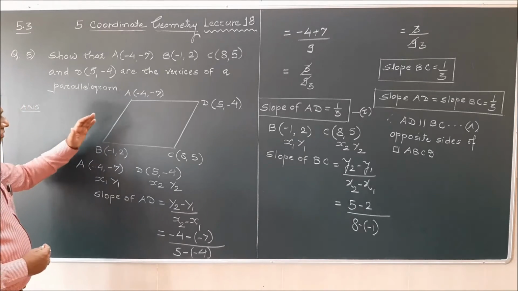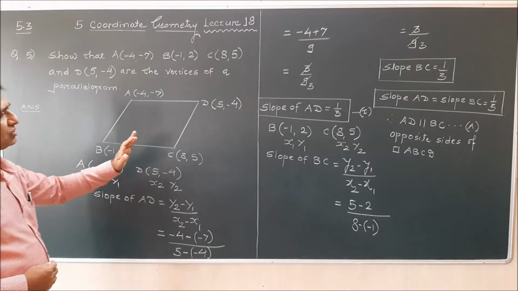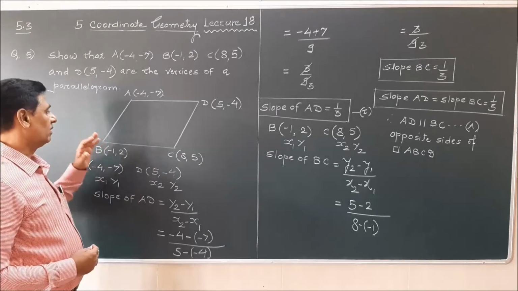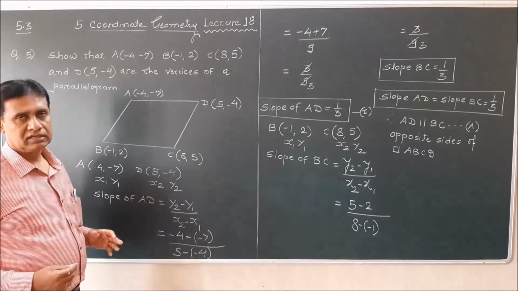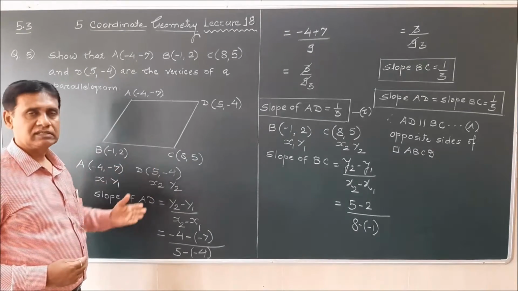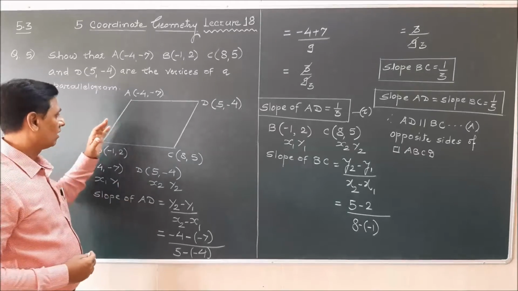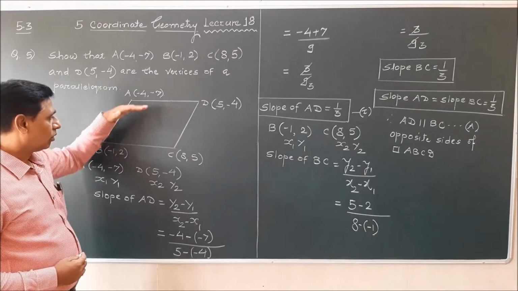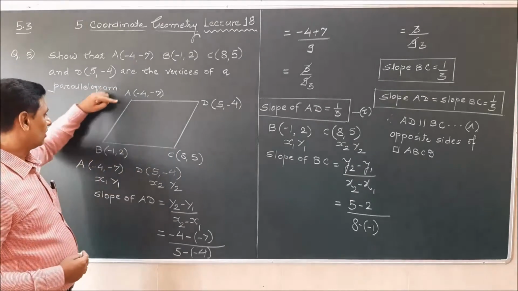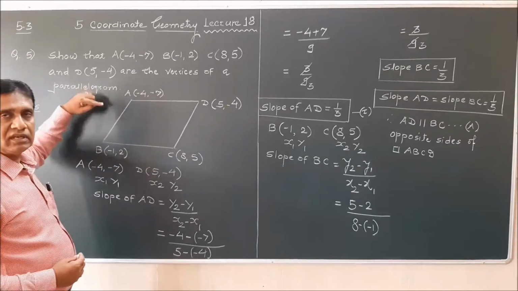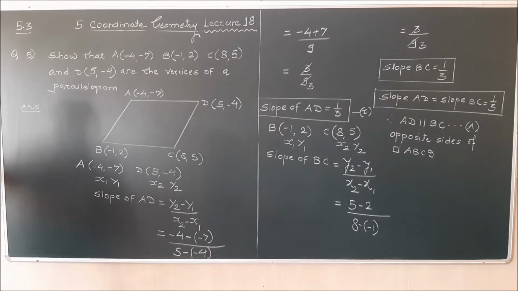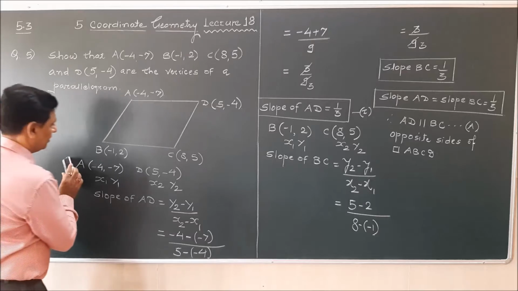Now I am going to find out slope of AB and slope of DC. If I prove slope of AB is equal to slope of DC, then since the slopes of opposite sides are equal, they are parallel, and if both pairs of opposite sides are parallel, then quadrilateral ABCD will become a parallelogram.